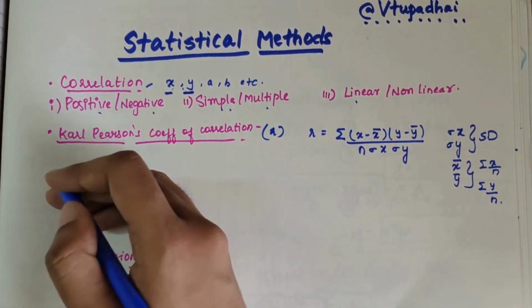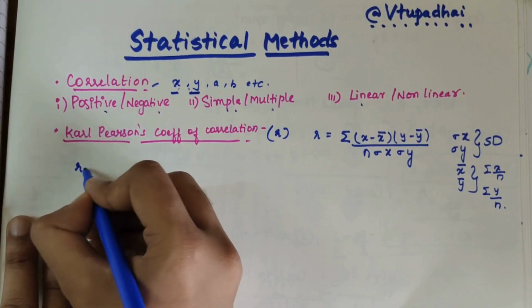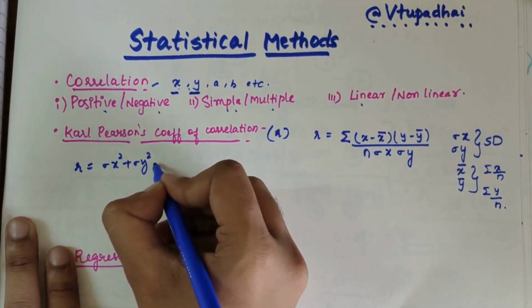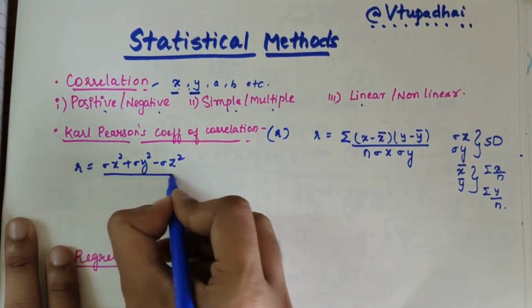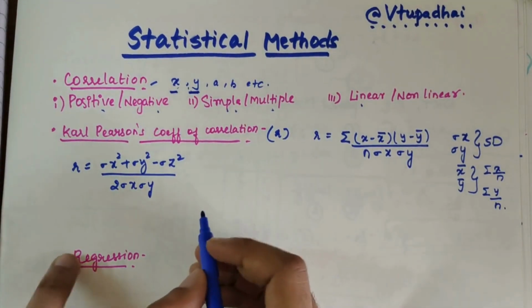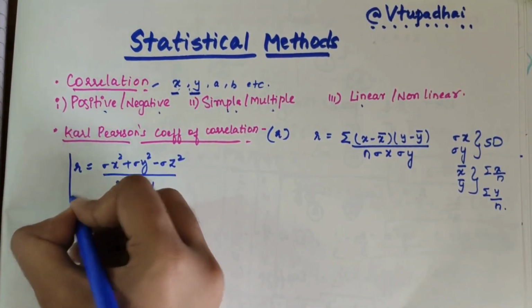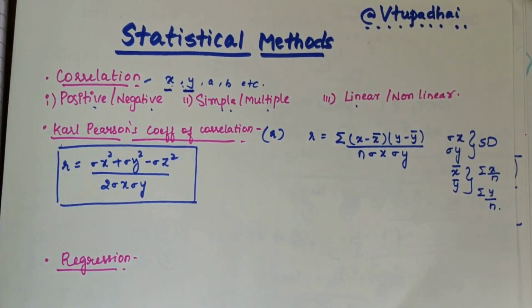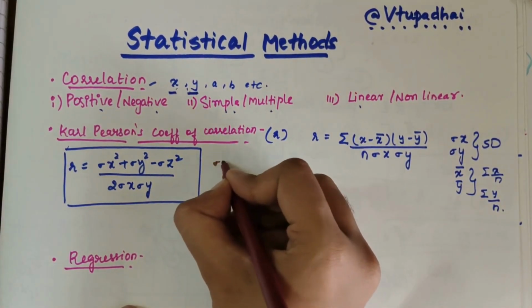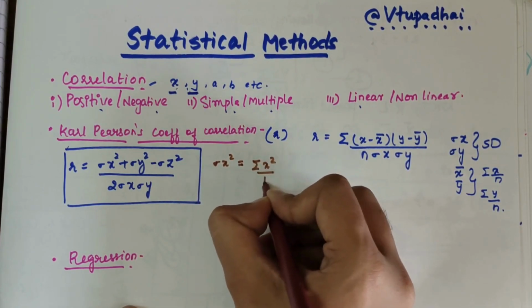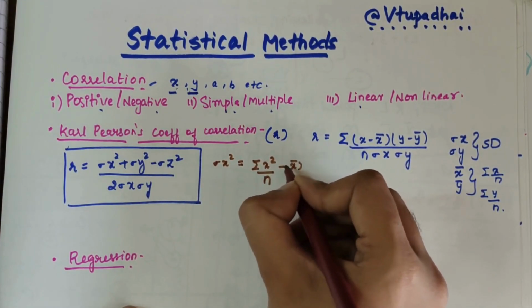We have another alternative formula, that is r is equal to (sigma x square plus sigma y square minus sigma z square) by 2 sigma x sigma y. Now here we have to write the expansions of sigma x square, sigma y square and sigma z square. Firstly, sigma x square is summation of x square by n minus x bar whole square.